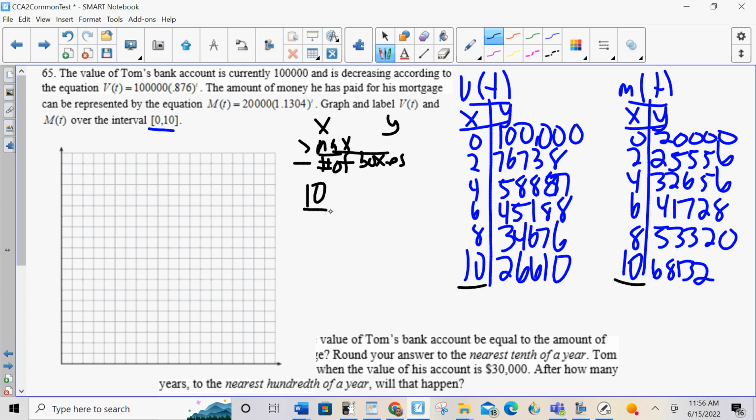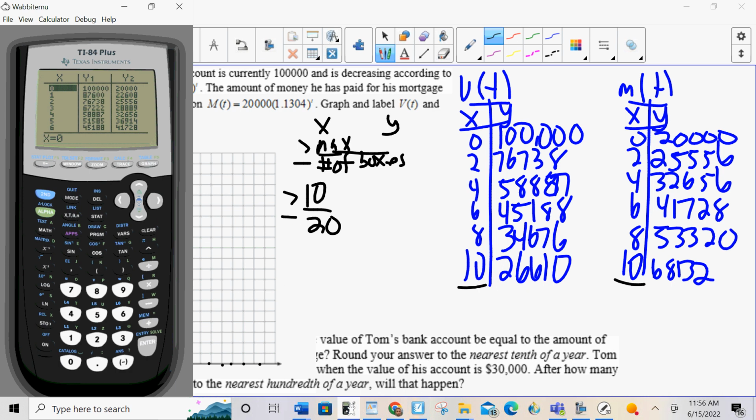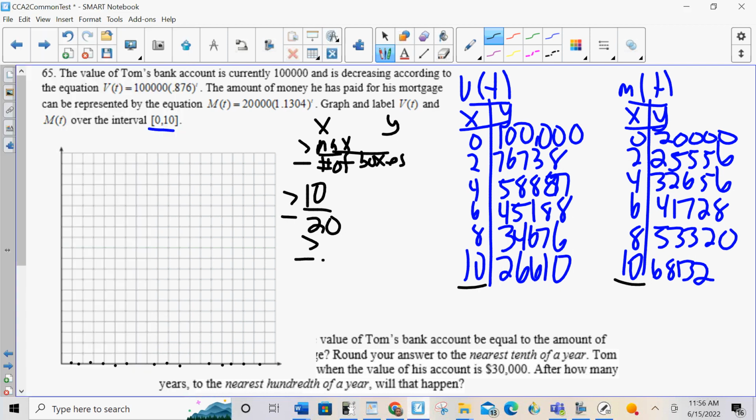My number of x boxes is 1, 2, 3, up to 20. Ten divided by 20 is 0.5, so it must be something that's greater than or equal to 0.5. Is 0.5 a nice value for my x's? Yes, because if every box is worth 0.5, it means every other box is worth 1.